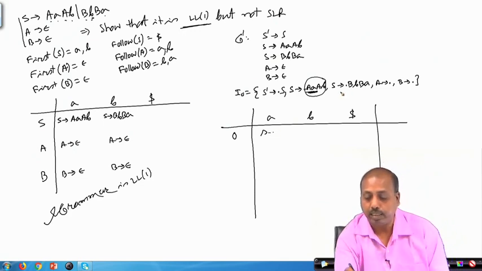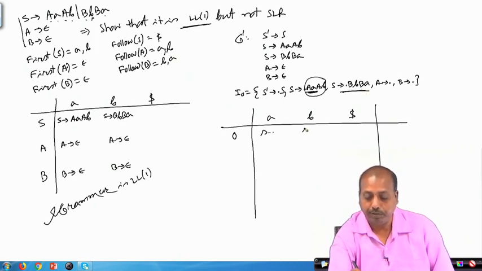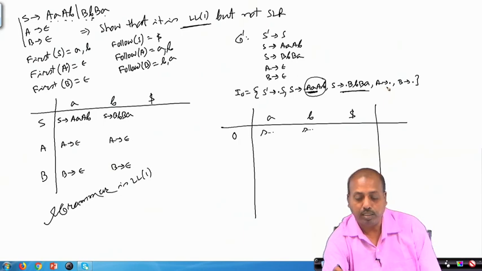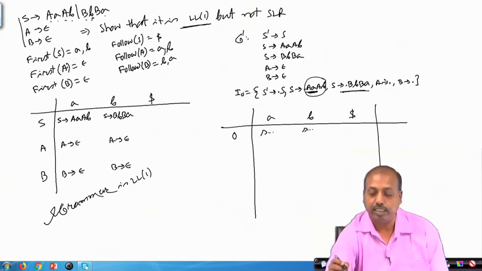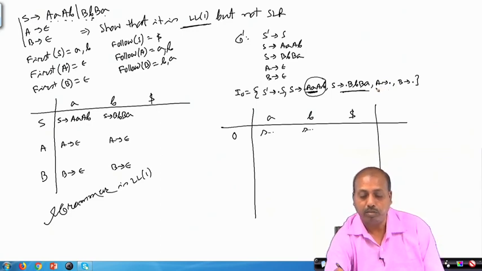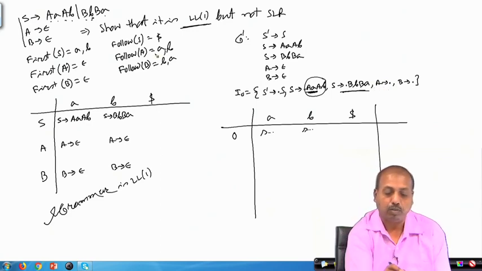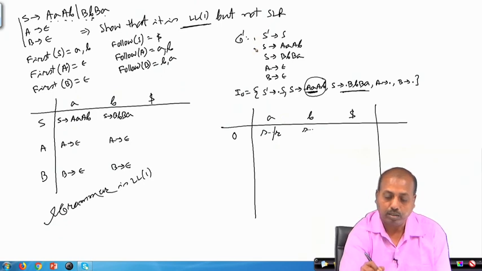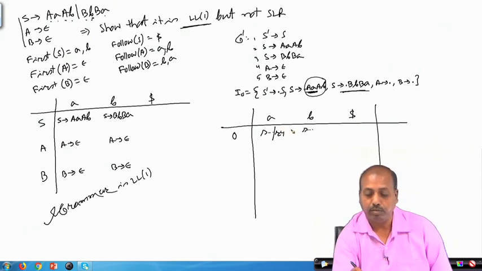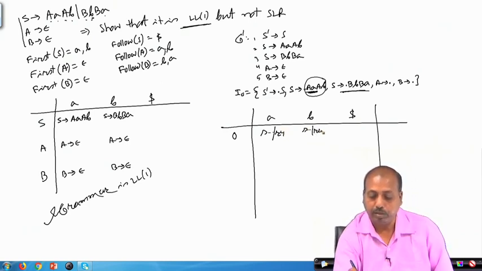Similarly, this item will tell me to do a shift and go to a new state. Now, A producing dot is there. That means it tells me to do a reduction for all the symbols which are in the follow of A. Follow of A contains a and b. So, this will suggest a reduction by rule number 4, and this will also tell you to do a reduction by rule number 4.